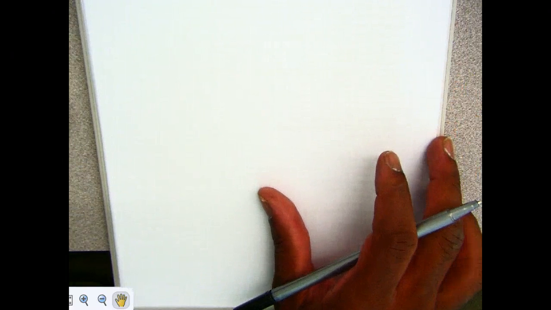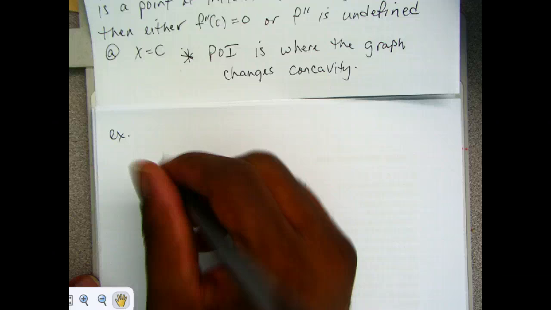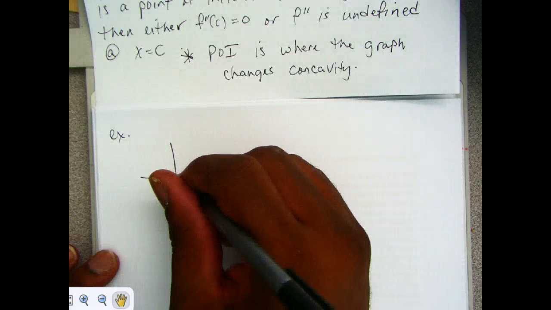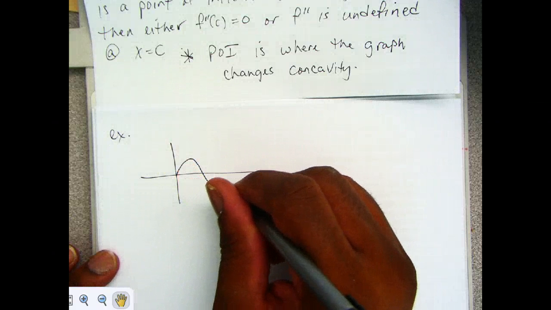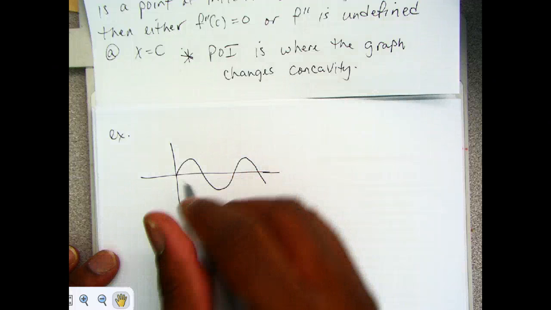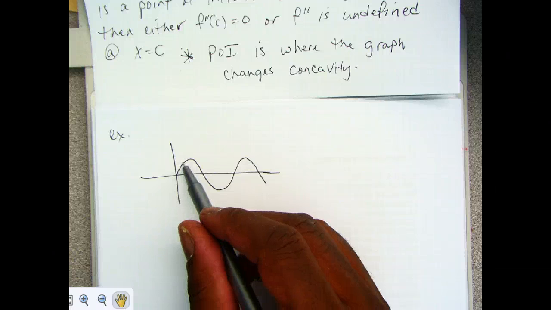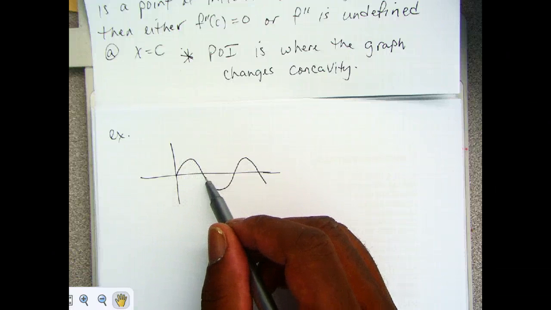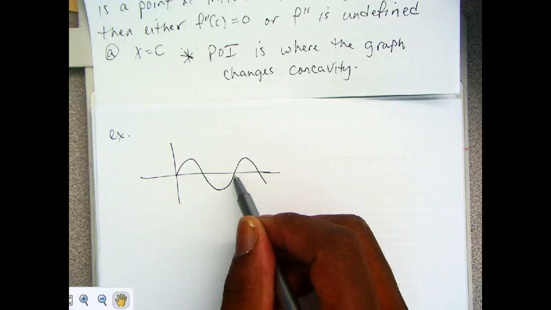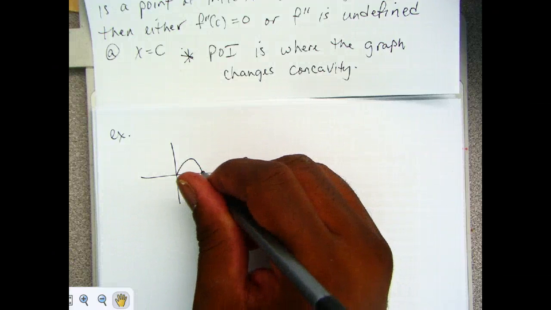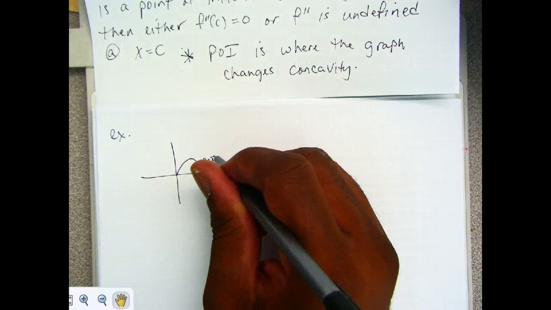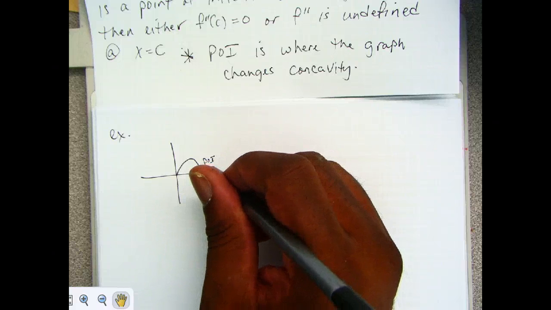So an example would be the graph of sine. So we know sine does this. Here, your graph is concave down. At this point, it starts becoming concave up. So a point of inflection would be this point here at x equals pi.